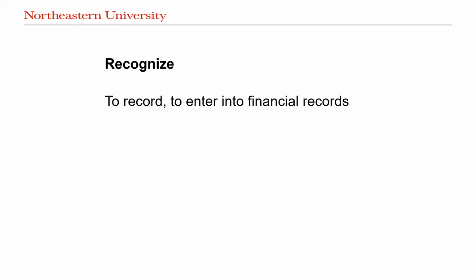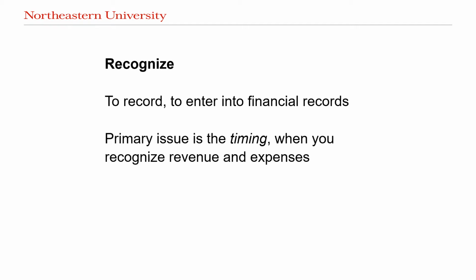And a transaction is either revenue you have received or an expense you are paying. To recognize these means you have actually entered this into the financial records. And the primary issue around recognizing revenue and expenses is the timing of when you recognize them.